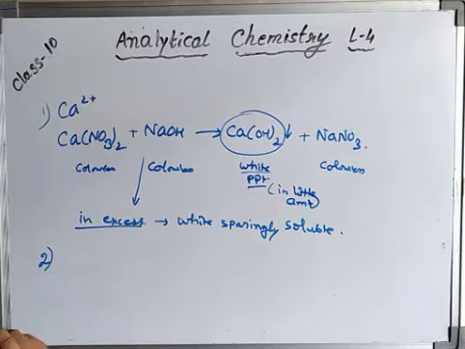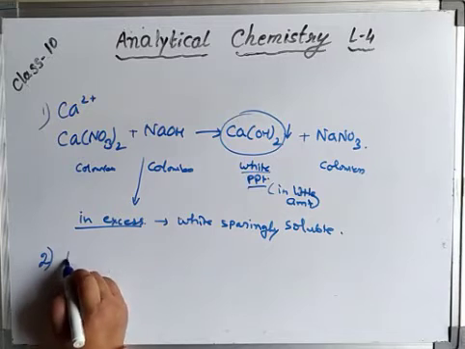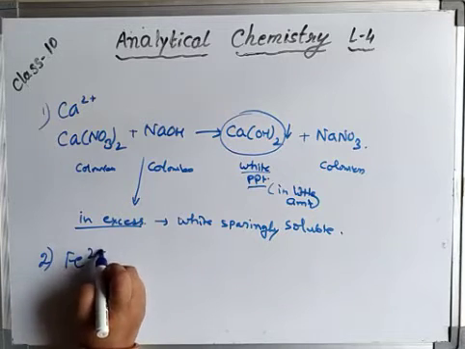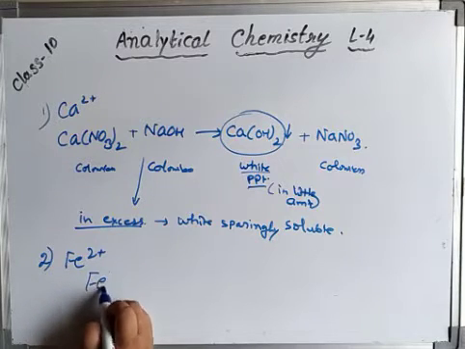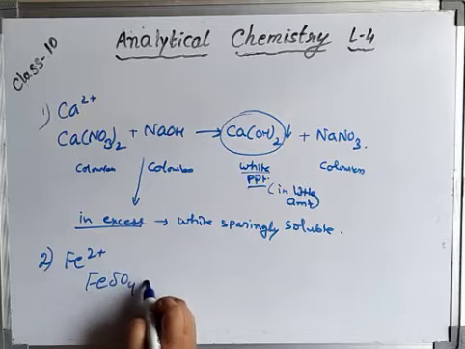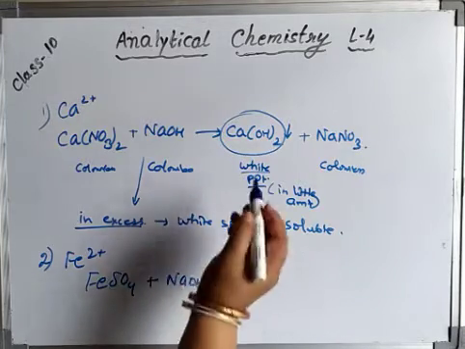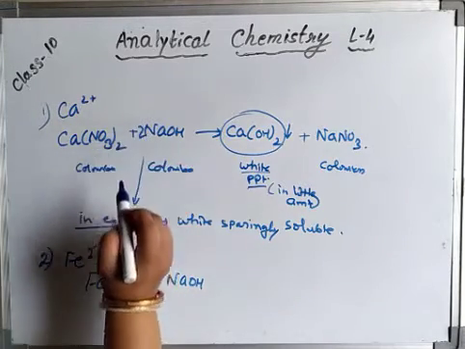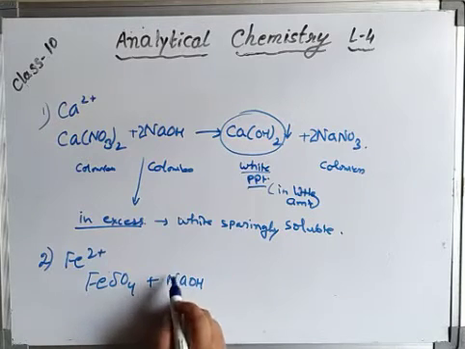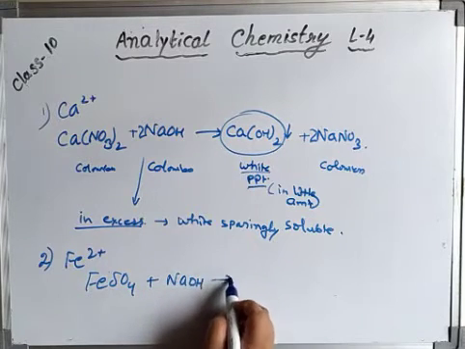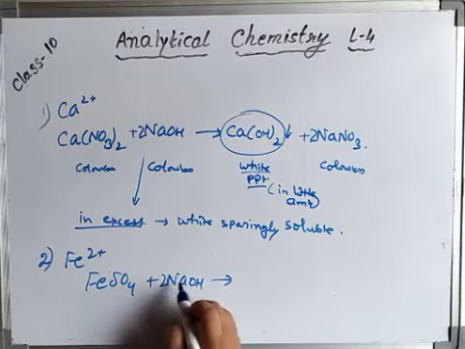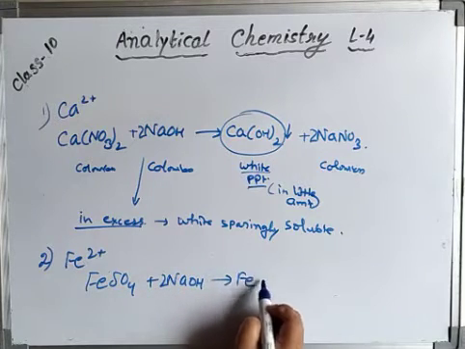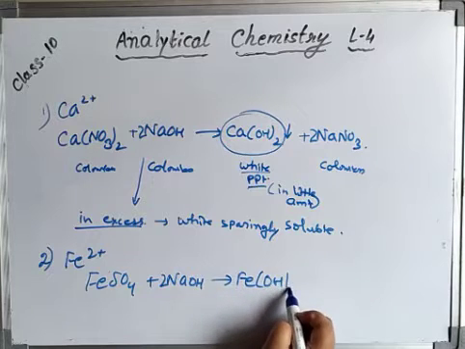After calcium we will discuss ferrous. Ferrous means Fe2+, that means a ferrous salt. We can take ferrous sulfate. So let us take FeSO4 plus NaOH. Okay, students, see. Now FeSO4 plus NaOH gives what? Again the hydroxide will be formed, Fe(OH)2.